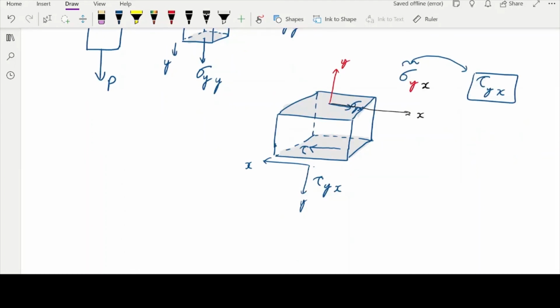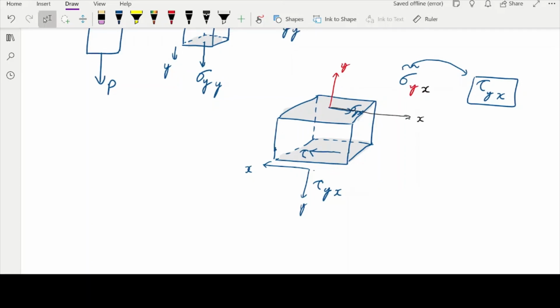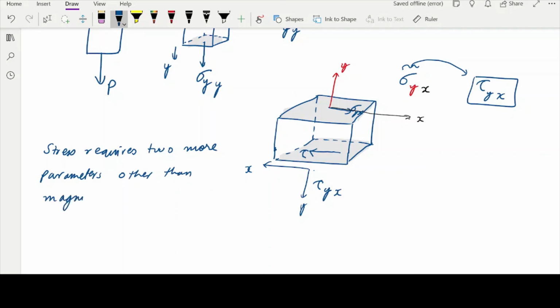So now I would like to conclude by relating the two things that I have taught you today: the representation of stress and tensor, right? What you can see from the representation of stresses is that stress requires two more parameters other than magnitude, right?